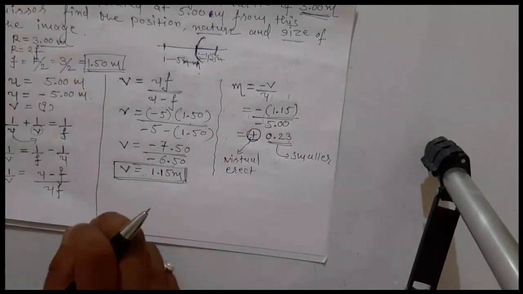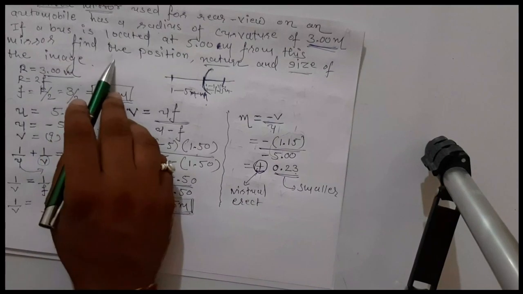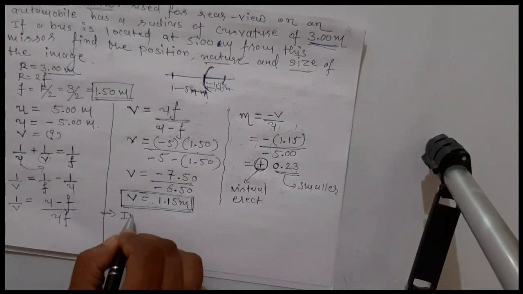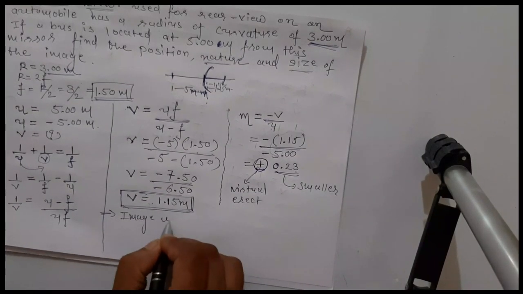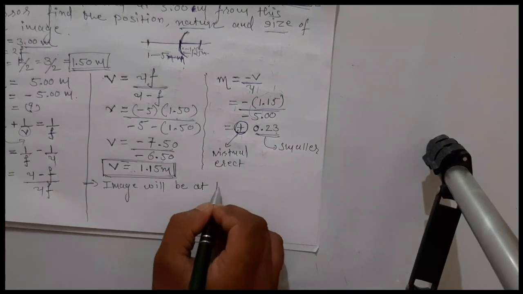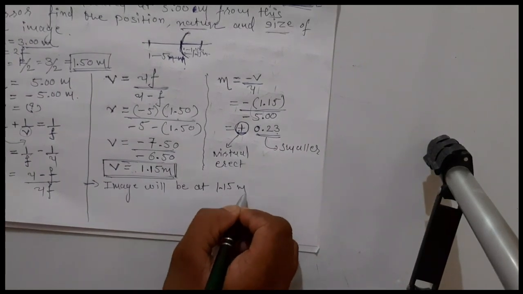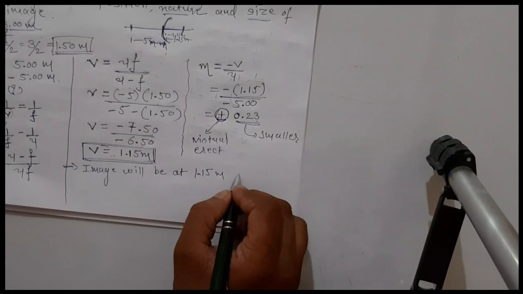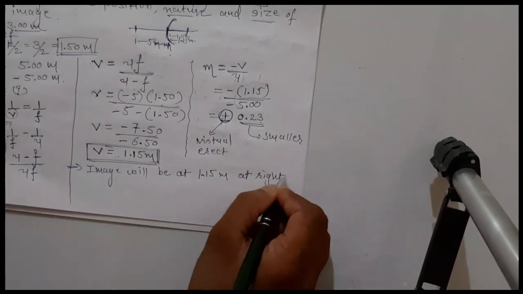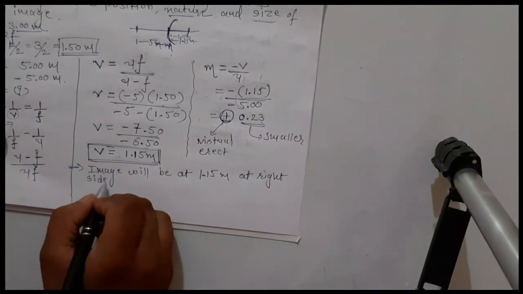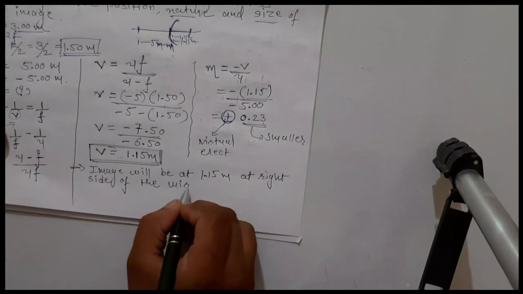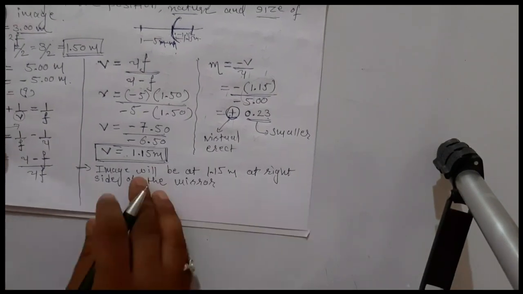So by this we can know whatever is asked here. Find the position. We have found the position, so we can write here: image will be at 1.15 meter at the right side of the mirror. So we got the position, okay.